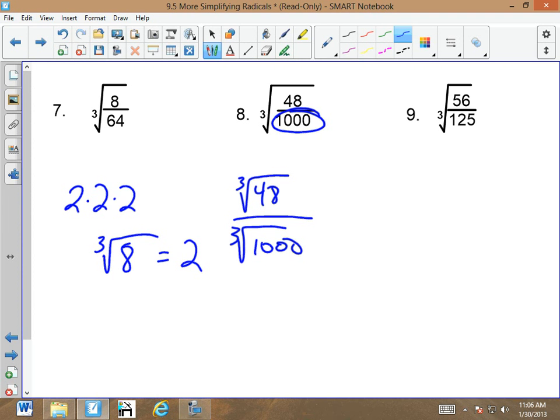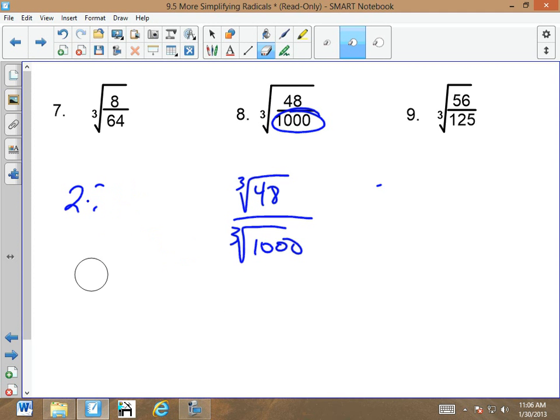All right? What's 3 times 3 times 3? What does that equal? That's right, 27. So the cubed root of 27 equals 3, because 3 times 3 times 3 is 27. Perfect cubes are harder to memorize than perfect squares.